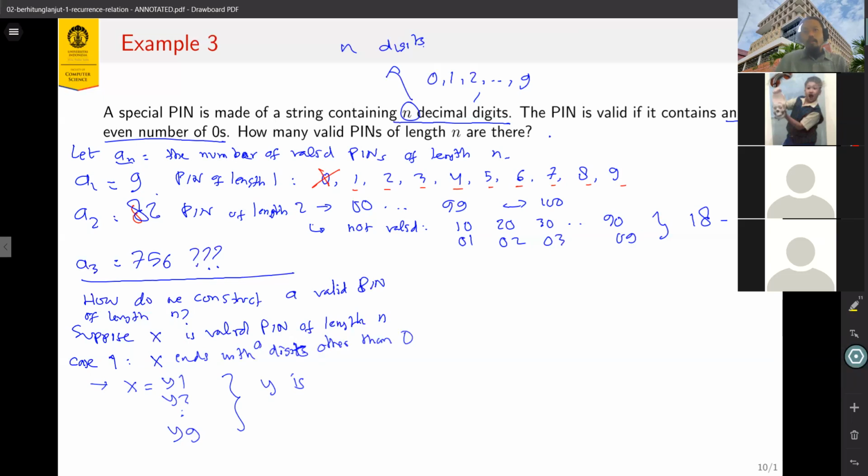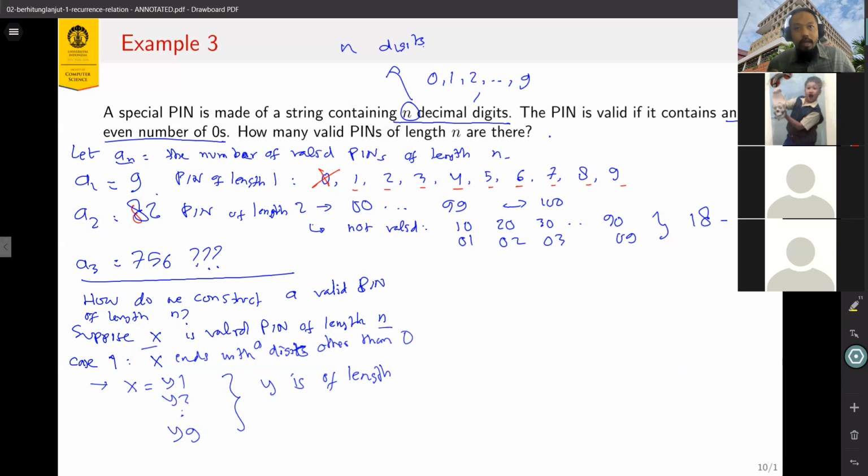So let's check, right? If x is of length n, then y is of length... x is of length n, Rafael.